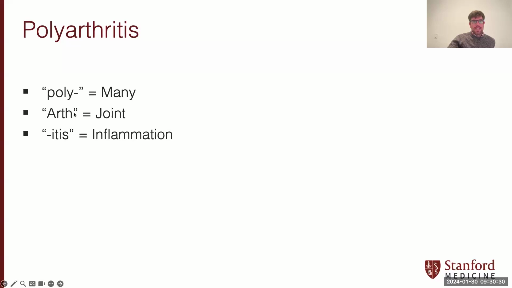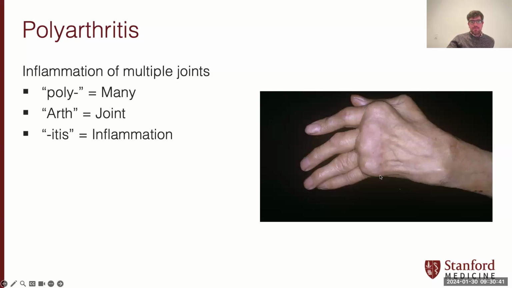Poly is many, arth is joint, itis is inflammation. Putting that all together, that's inflammation of many joints, usually greater than 4. This is a nice picture of already 4 joints that are inflamed, and you can imagine there are many other joints that are inflamed.